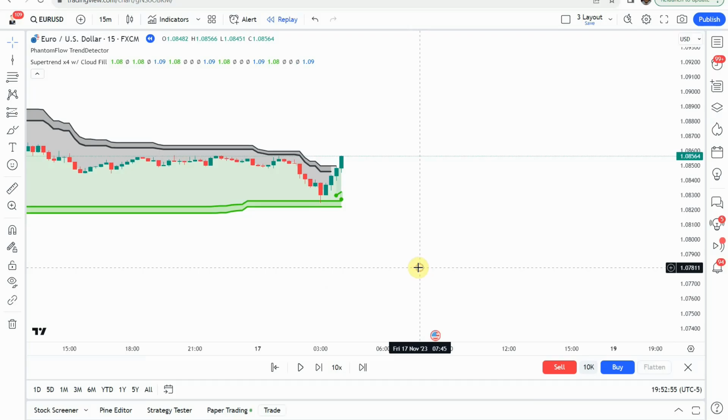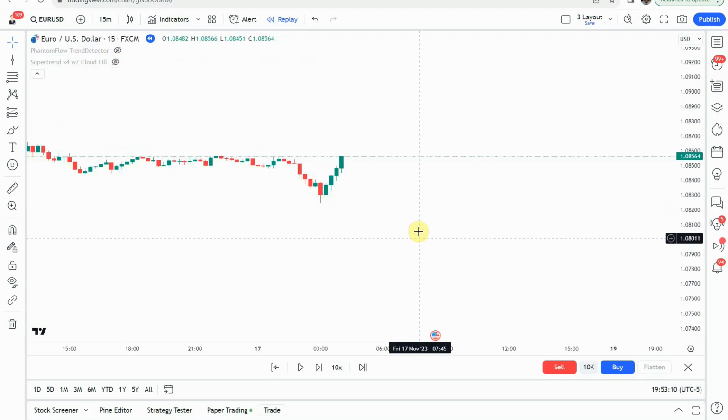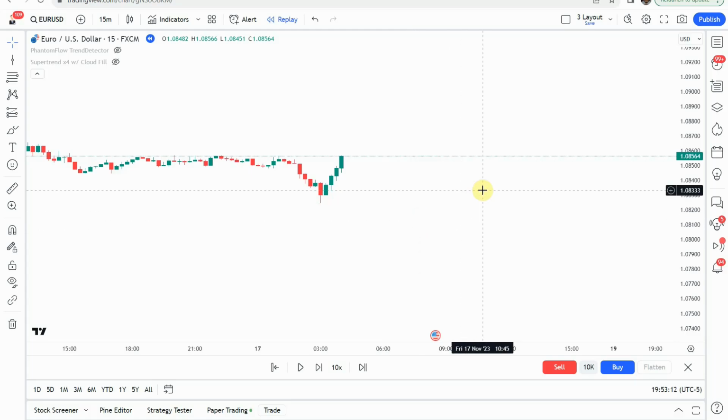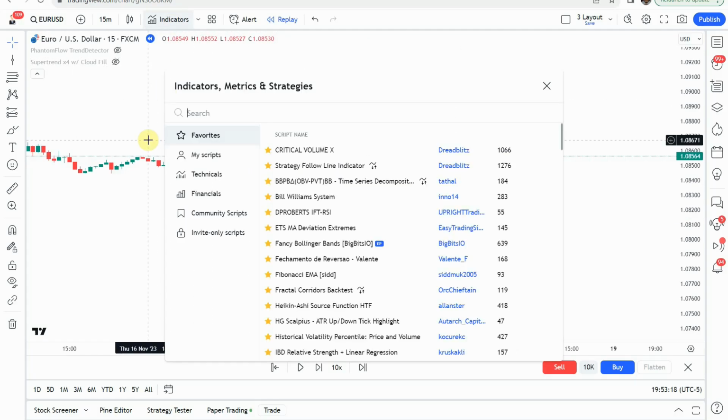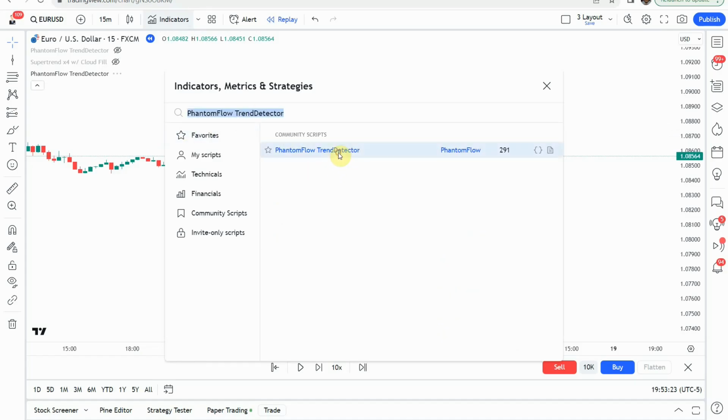Okay, so today we are looking at a 15-minute day trading strategy. And so the source video claims that this new indicator is the future of trading and has amazing accuracy. And so I'll go ahead and turn these two off right here. And the first indicator we will be adding to the screen is going to be the Phantom Flow Trend Detector.